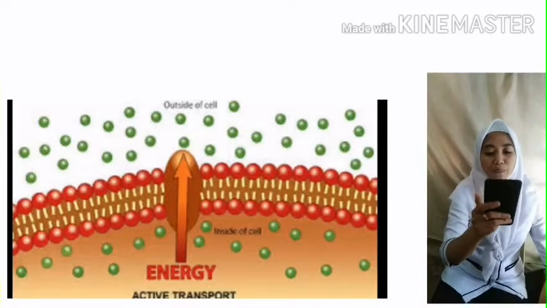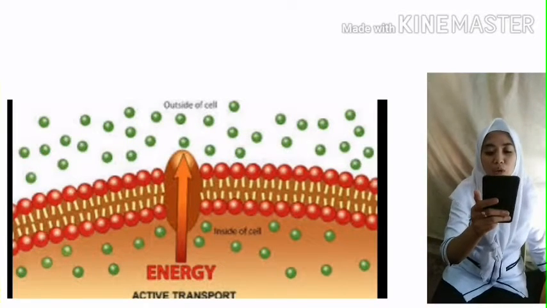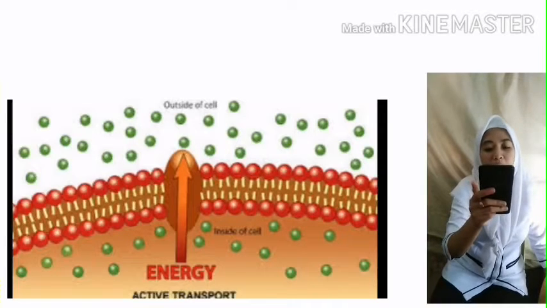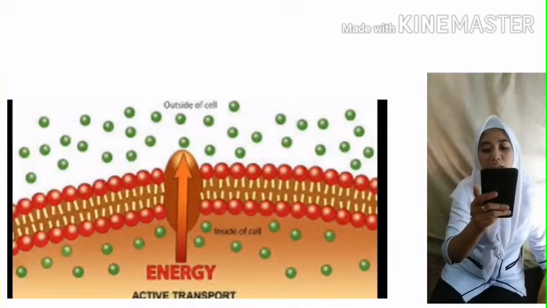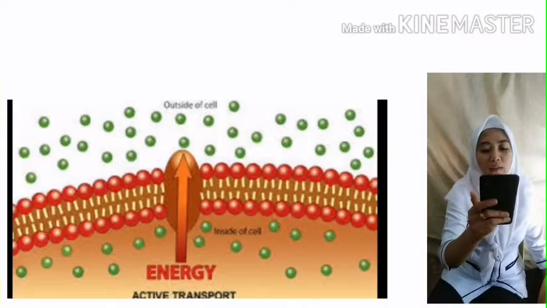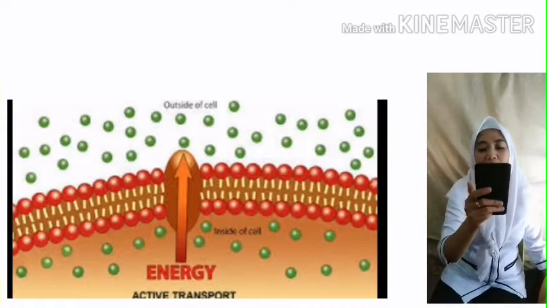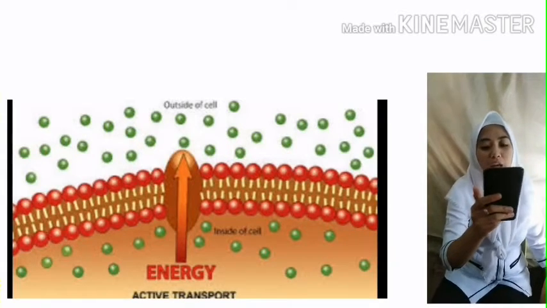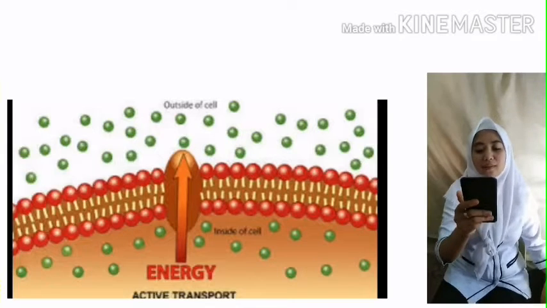Examples of active transport include the uptake of glucose in the human intestine and the uptake of mineral ions into the root hair cells of plants.